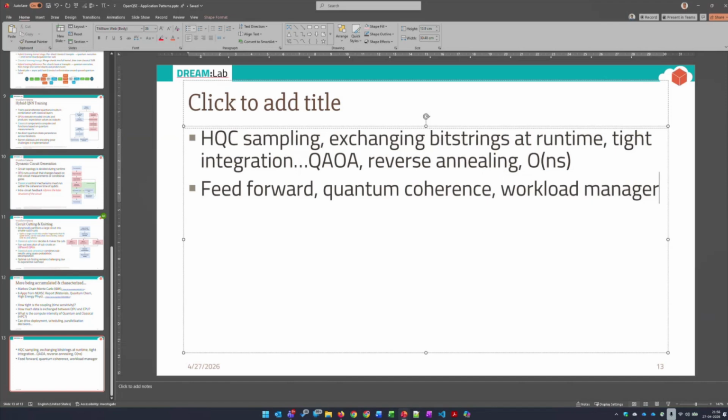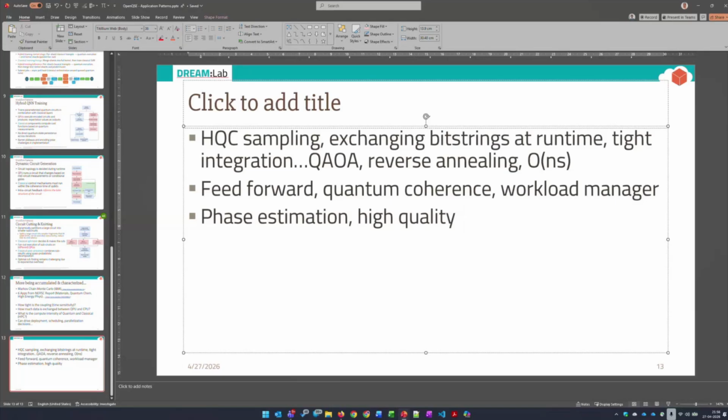There are certain things where you need to push HPC to the limits, even to the front, like leadership machines. Let's say for phase estimation and other applications where you need to prepare very high quality starts to minimize the cost of the quantum processor, then the HPC compute could be very intensive.